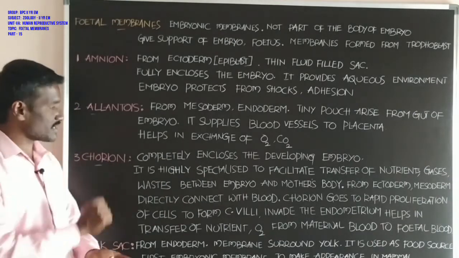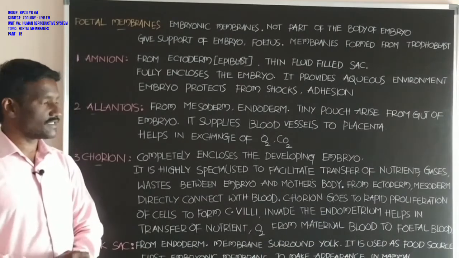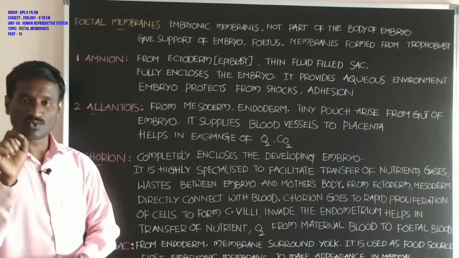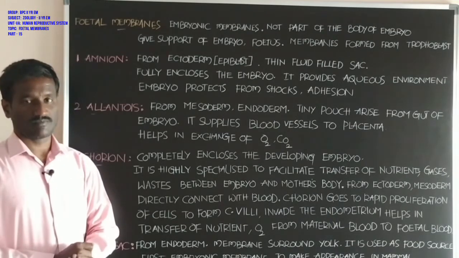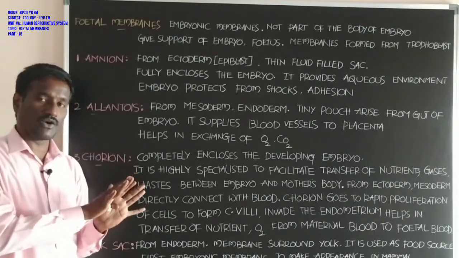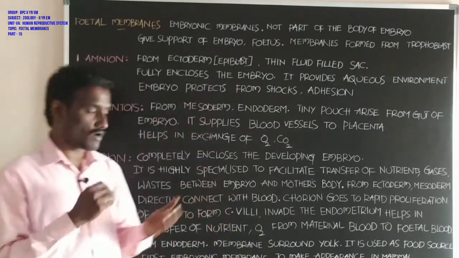What is the main function of the chorion? It facilitates the transport of nutrients, gases and wastes between the embryo and the mother's body.